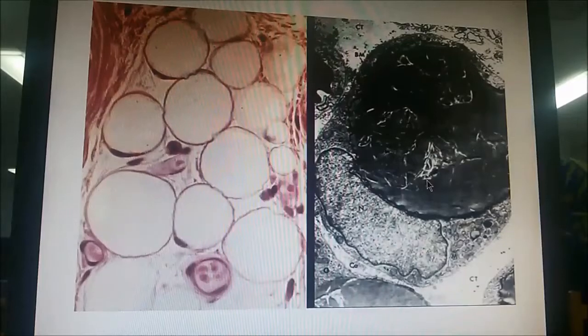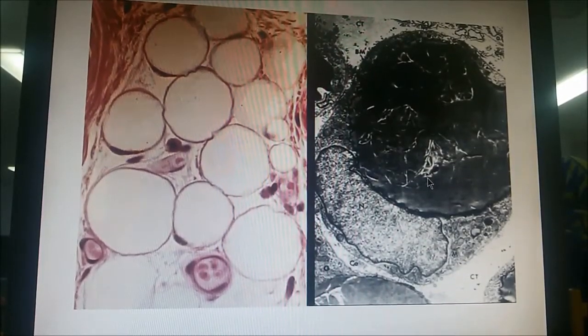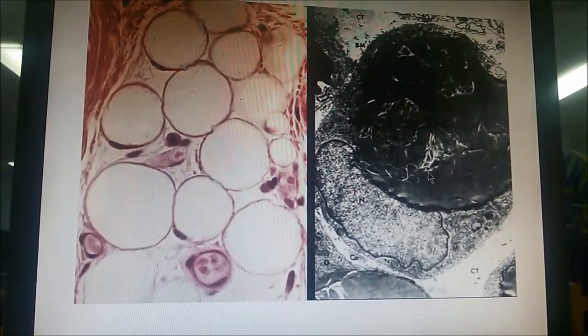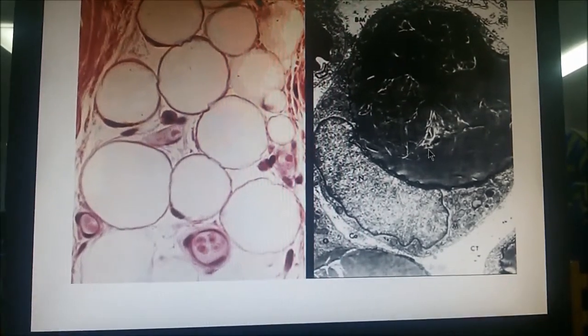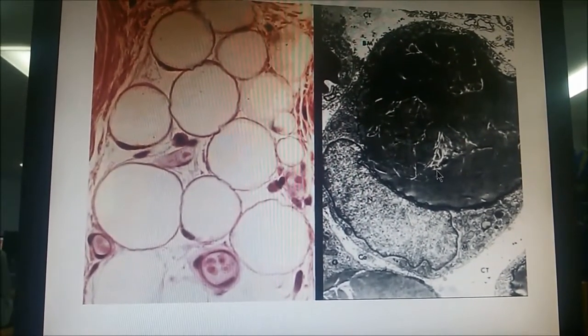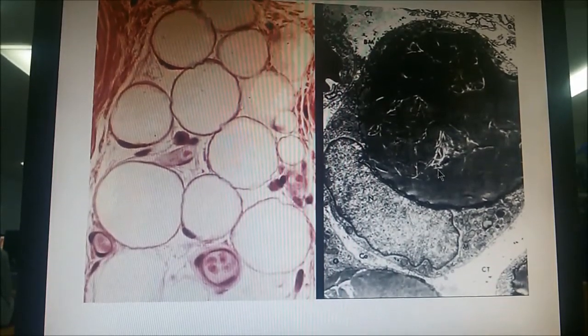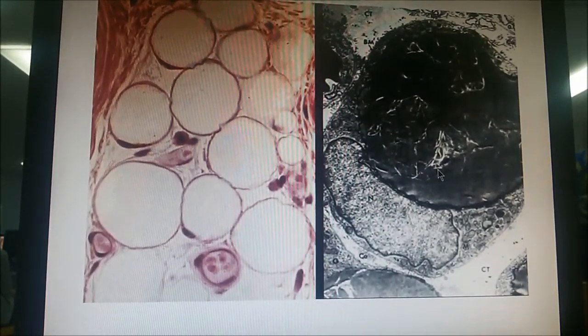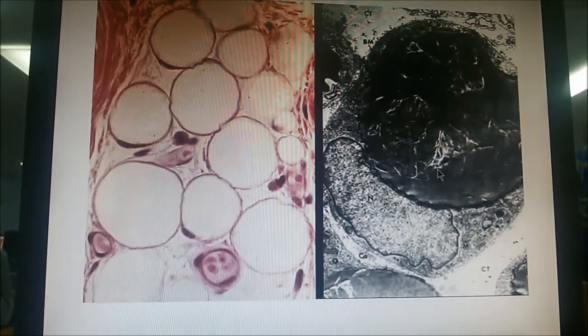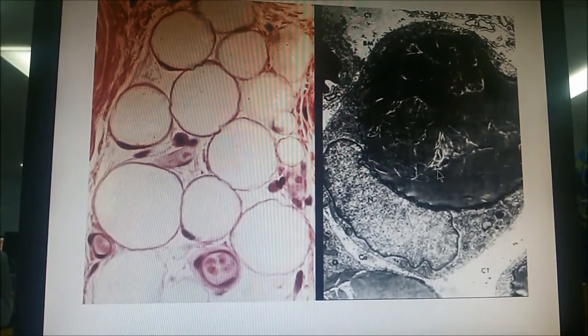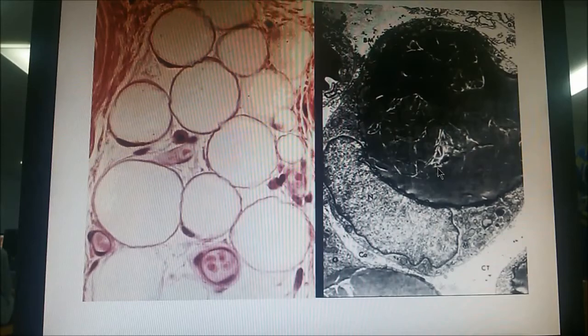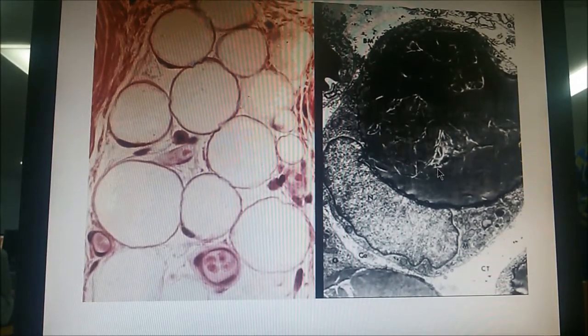Before we start, you have to know, you have two types of adipose tissue in the human body. You have the white adipose tissue and the brown adipose tissue. The main difference between them, other than the color of course, as the name indicates: the white adipose tissue is called the unilocular adipose. Unilocular, uni means one, single, locular, locus means a droplet.